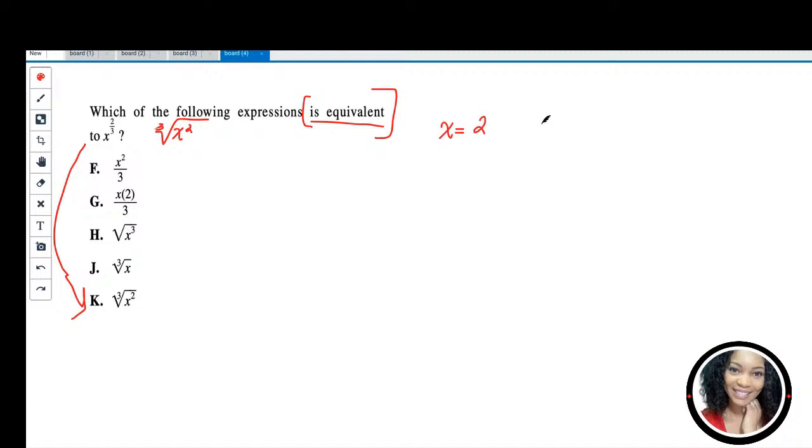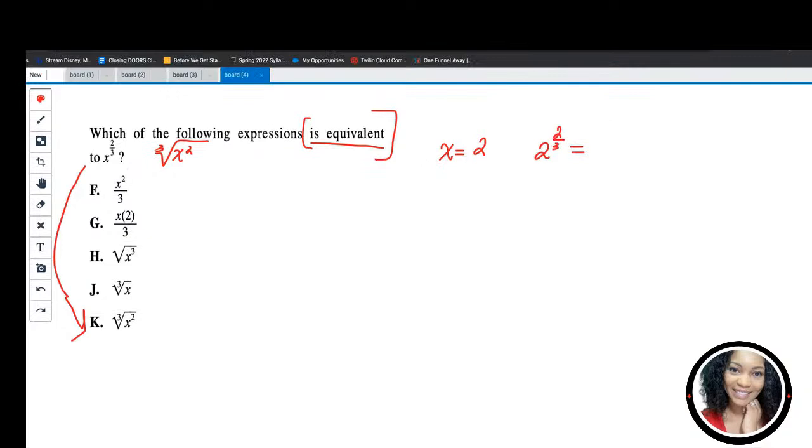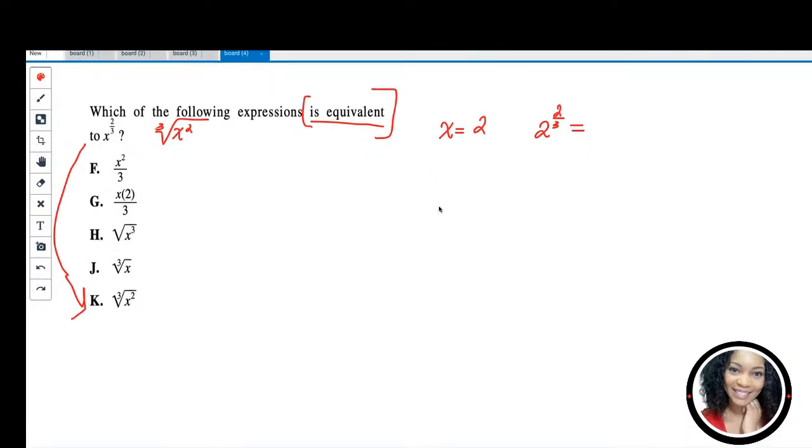Because if x is 2, then that means I'm looking at 2 to the 2/3 power. I need to know what that is. So I'm going to flip over to the calculator and see what we get with that. I have a 2, then raise it to a fraction here, 2/3 power.